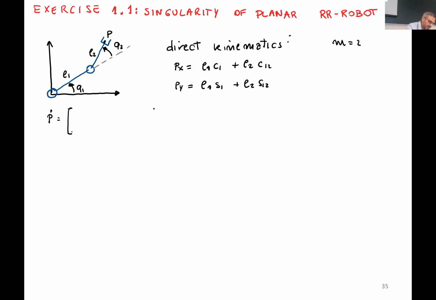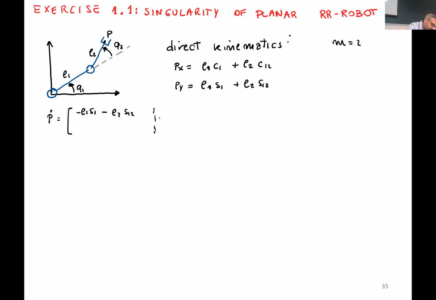So we take the partial derivative of px with respect to q1, and we get minus L1 s1 minus L2 s12.